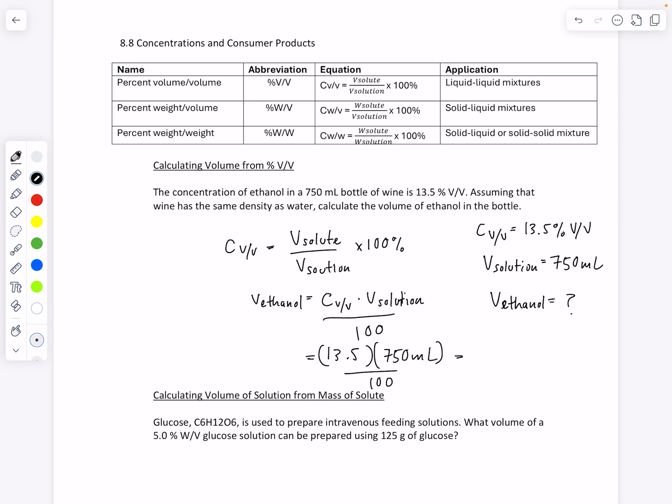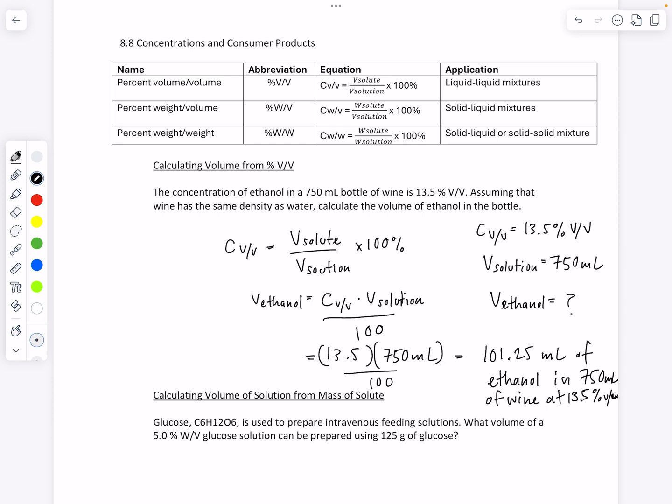And we end up with 101.25 milliliters of ethanol in 750 mils of wine at 13.5% volume per volume.